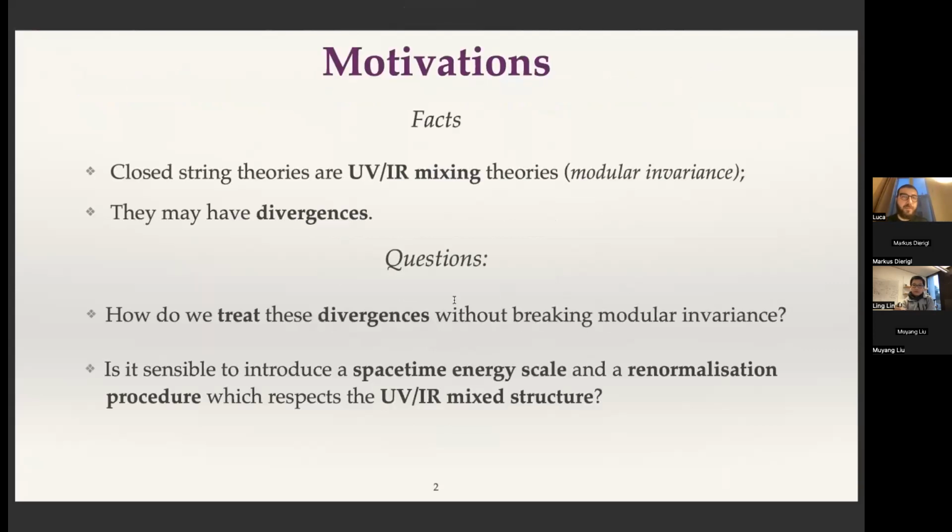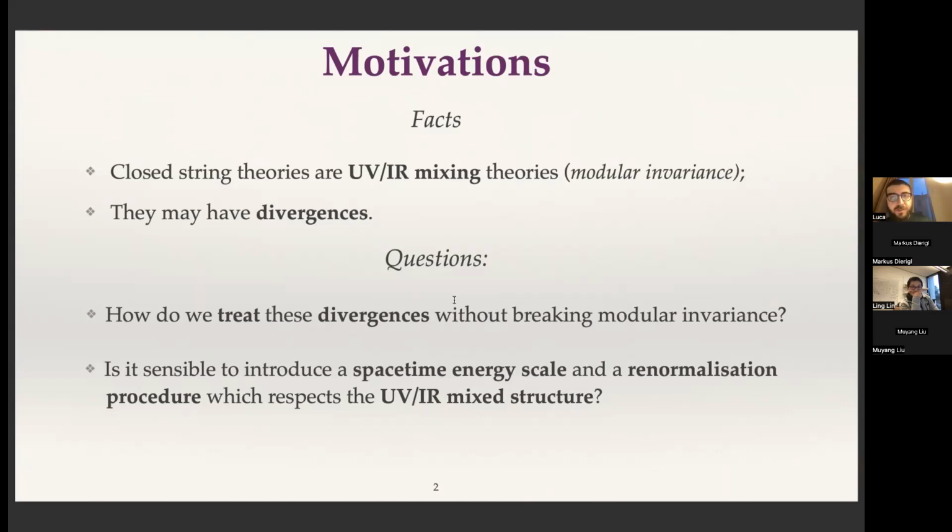Two important things about closed string theories. These theories are UV-IR mixing theories, which is a consequence of a profound and deep symmetry of these kinds of theories, which is called modular invariance. And despite having these beautiful properties, they may have divergences, especially in the IR sector.